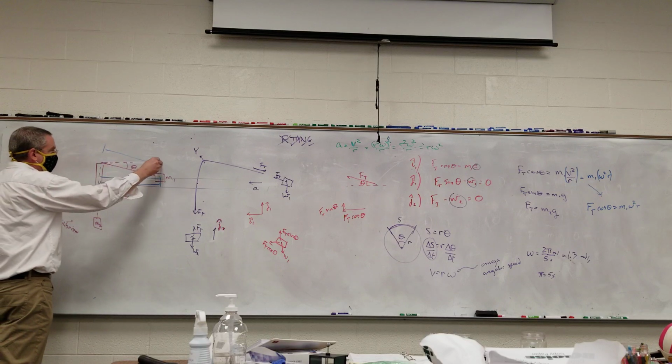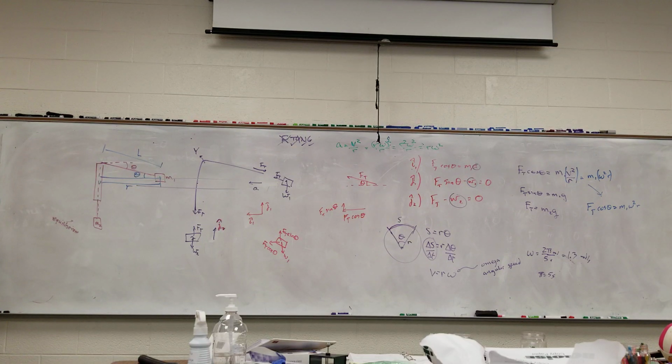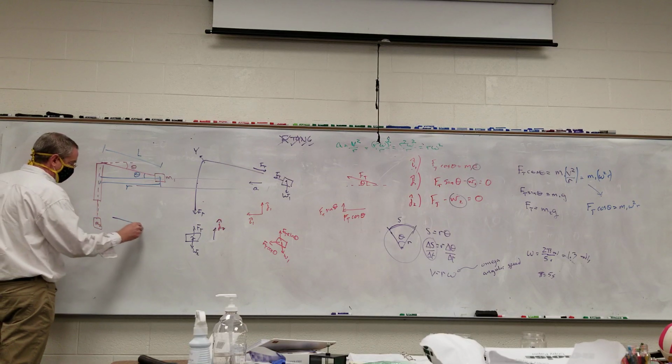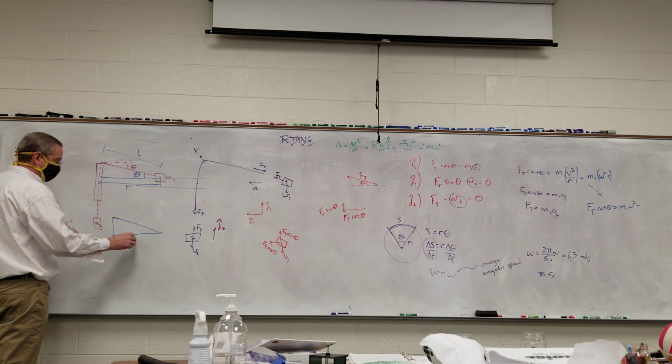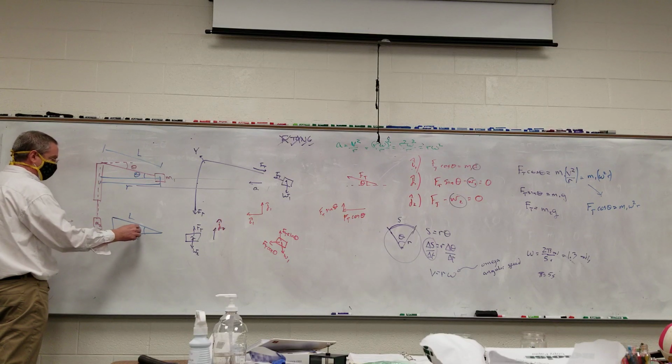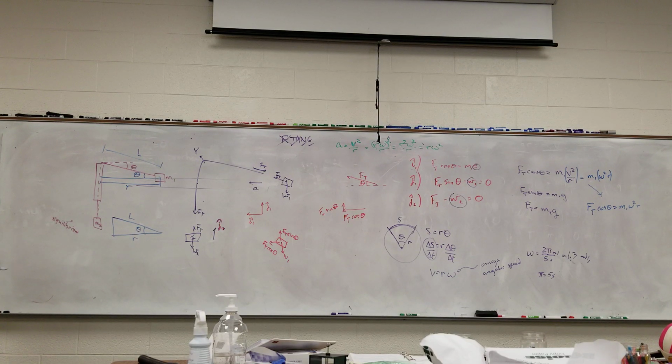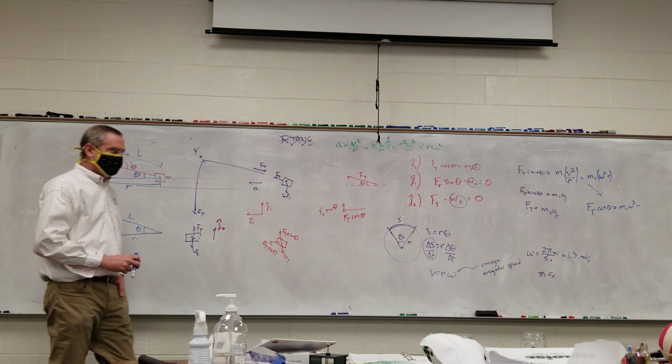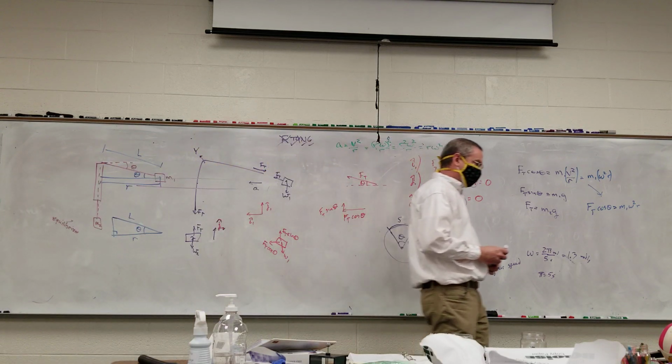If I know this distance, L, what is the relationship between R and L? Let me draw just that triangle there. That length there's R, that's L, this angle is theta. That's a right angle there. What's the relationship between R, L, and theta?